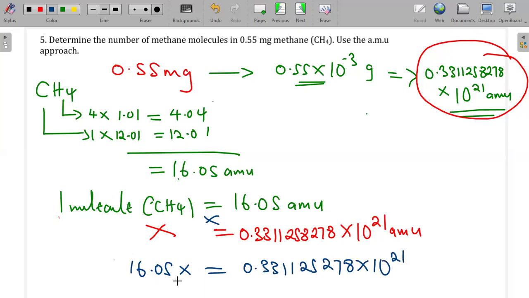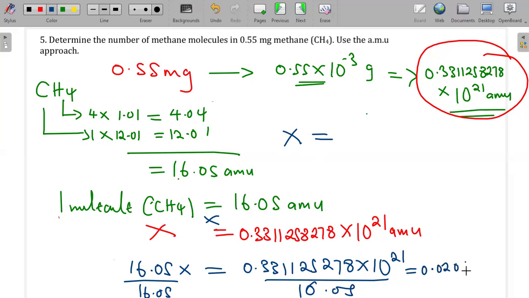Now I just want the value of x, so I'll divide by 16.05. Even here, divide by 16.05. So x is equal to that number divided by 16.05. It will give me 0.0206308892 multiplied by this one.